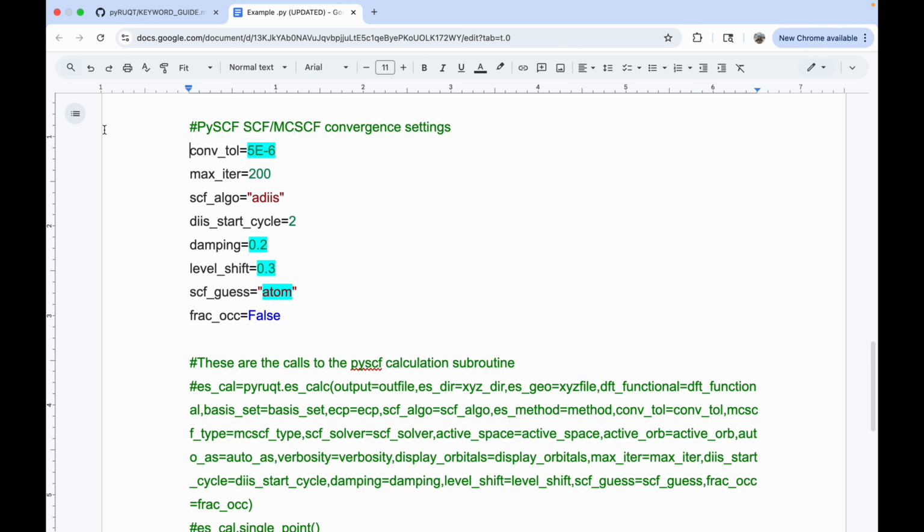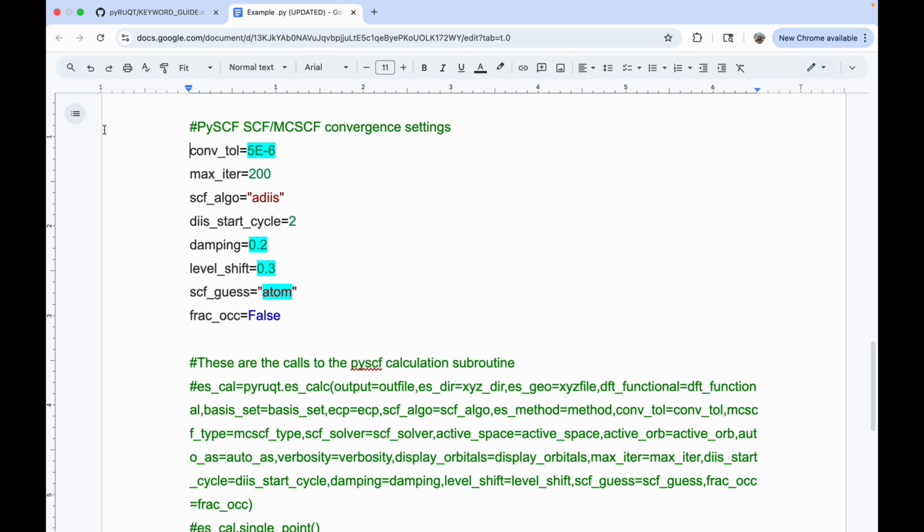I can set the SCF guess to that past check file, and it will use that in the next calculation as its beginning guess, so that it has an almost converged start, and it will likely converge once you add in that check file and give it a nice and easy guess.